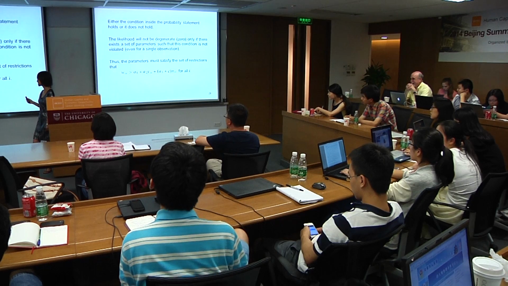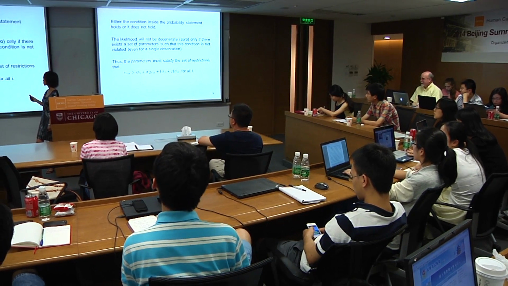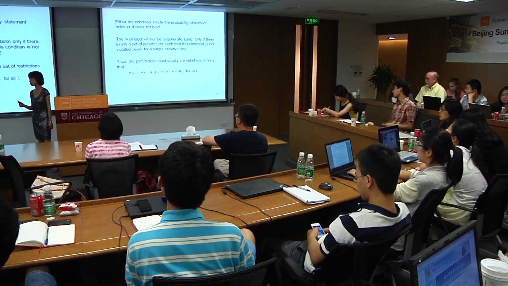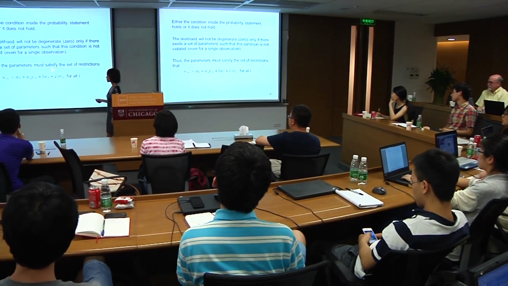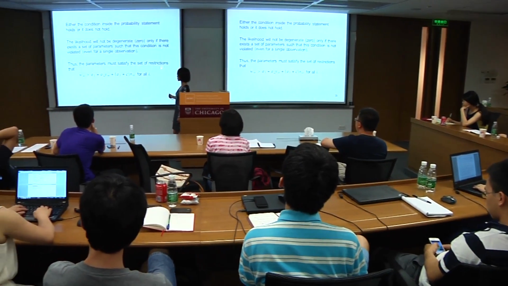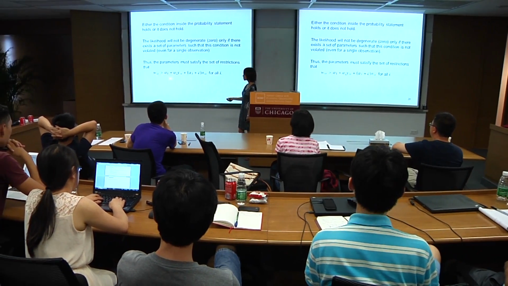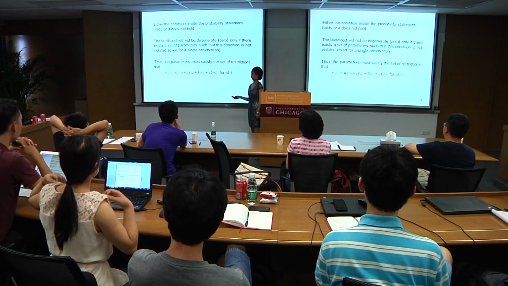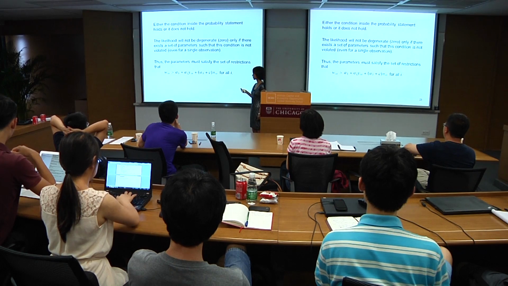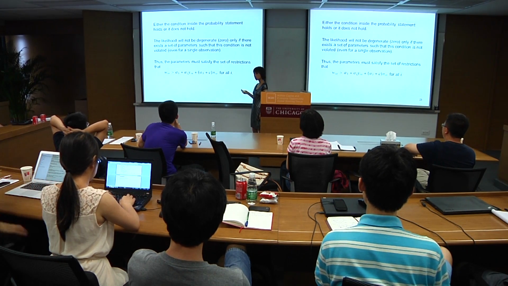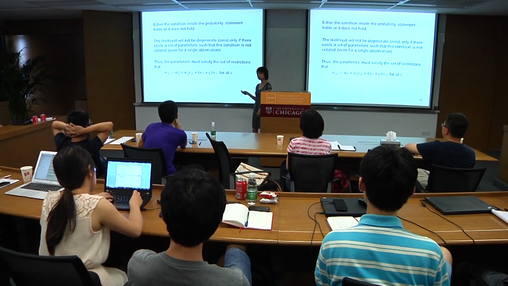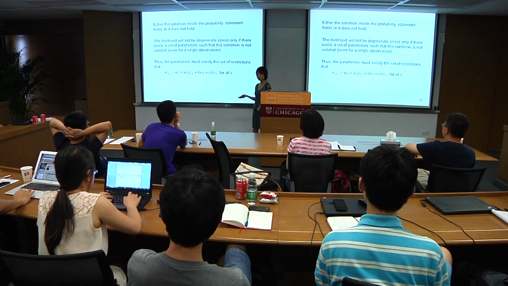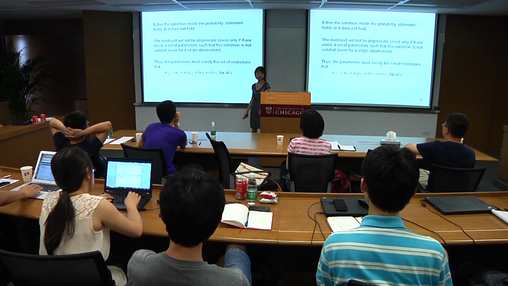Therefore, in order for the likelihood to be non-zero, the parameters must satisfy the set of restrictions such that this thing holds for every single household. And you know what? That kind of parameters is a zero probability event. You can't find such parameters.